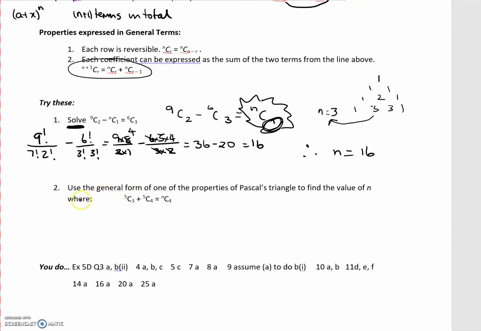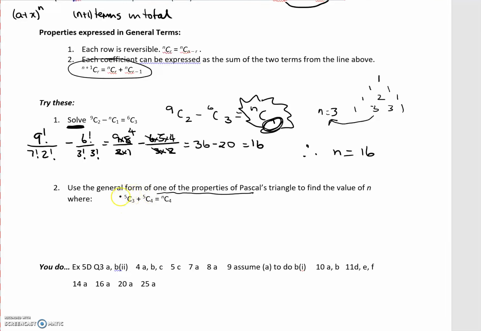Example 2, it says use the general form of one of the properties of Pascal's triangle to find the value of n. If we have a look at this, we can see we're talking about the fourth term, the fifth term, then being equal to the fourth term.